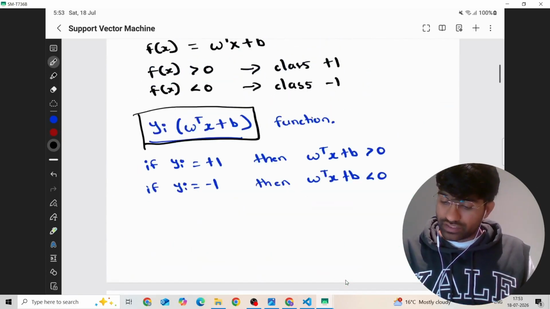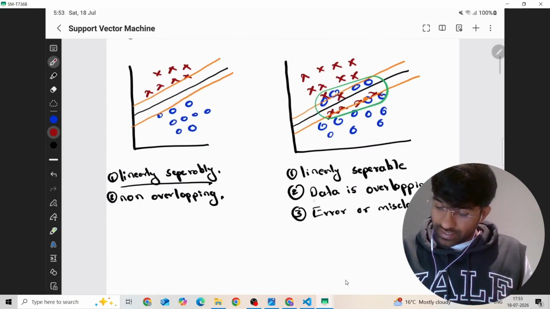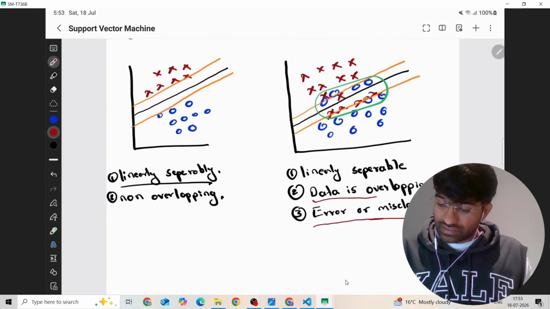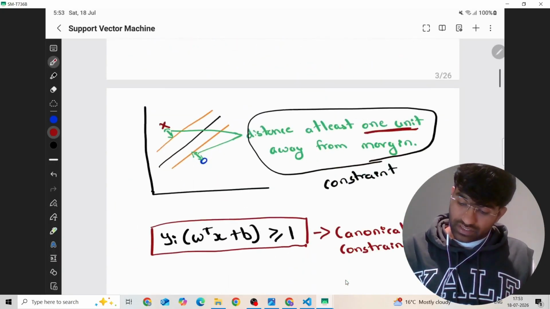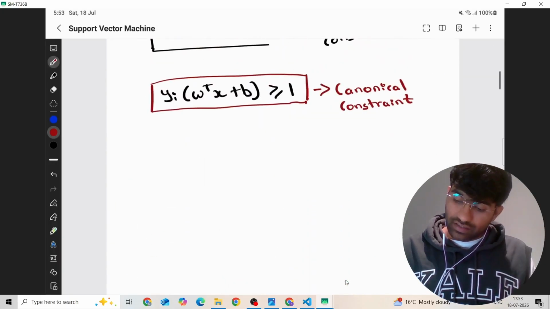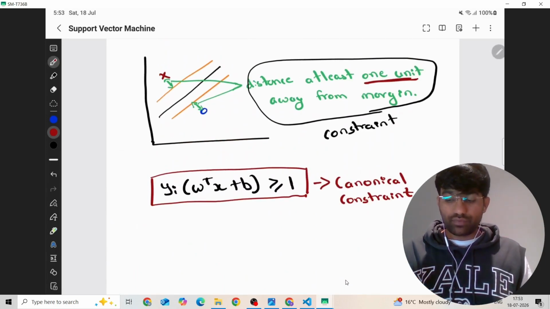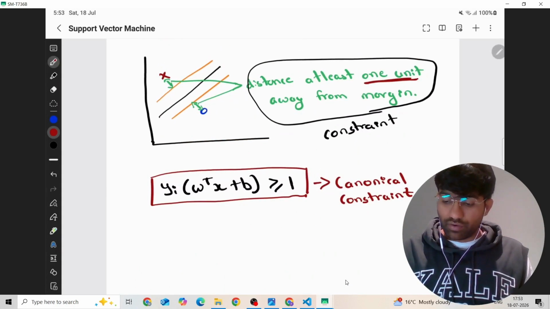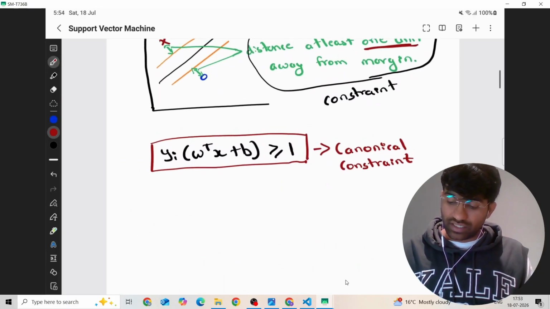In soft margin, data is overlapping, so there will be error or misclassification. And here I have mentioned the classified data should be at least 1 unit away from the margin. For this we have added the constraint known as canonical constraint. So our equation is this.